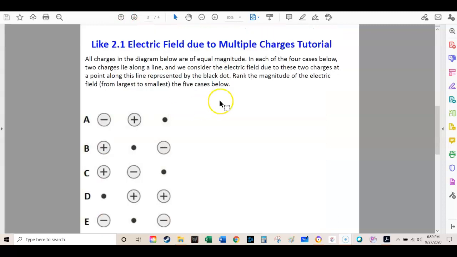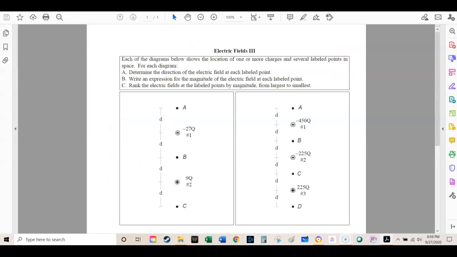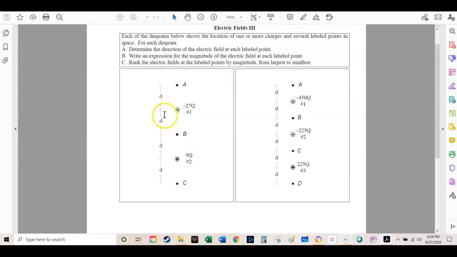Okay. So instead of doing a tutorial example, we're going to do a problem much like the tutorial. In 2.1 we have an electric field tutorial, Electric Field 3, and you're only doing the top 2 panes. Essentially, you're going to be calculating the electric field at A, and you're given distances of D. The first charge is a negative 27Q. The second charge is a positive 9Q.